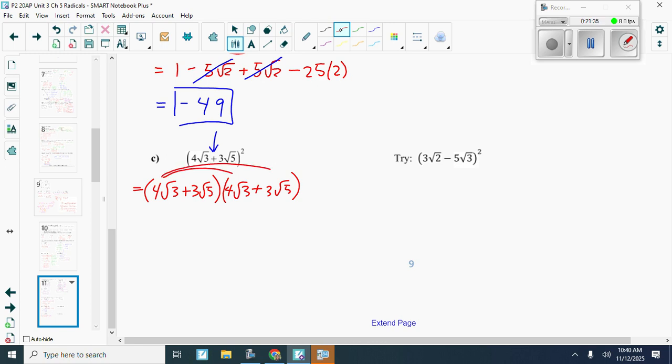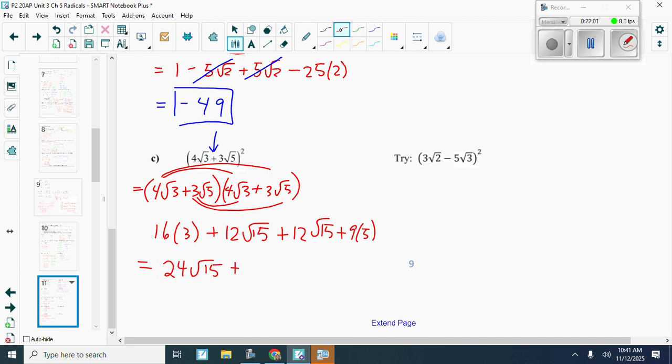You still need to multiply all the terms, so we would end up with 16 times 3 plus 12 root 15, plus 12 root 15 plus 9 times 5. So you'll notice for this that we end up with 24 root 15s, and then the 48 plus the 45 gives me 93.